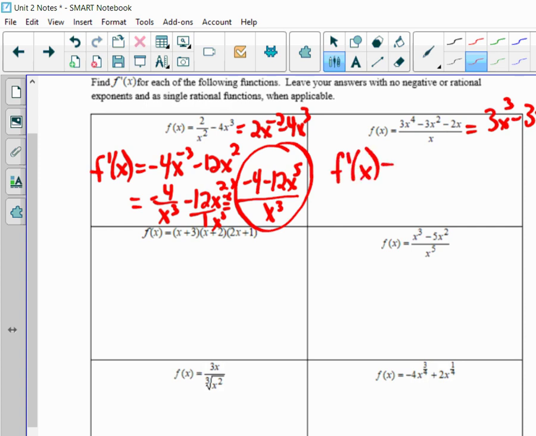So I'm going to say f prime of x equals, and I'm going to do the power rule. 3 times 3 is 9x squared, because I subtracted 1, minus, this one just has exponent of 1, so that's just 3. And if I subtract 1 from x, there's no x left. And then that's a constant. So look how quickly we were able to take that derivative.